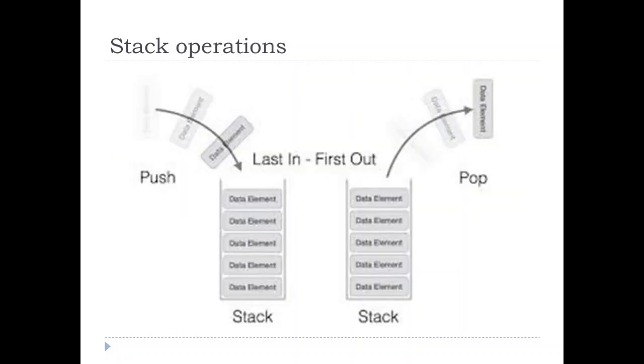This is an example of a stack. Look at this. This is considered as an array. We have 1, 2, 3, 4, 5, five different blank spaces available for storing data.